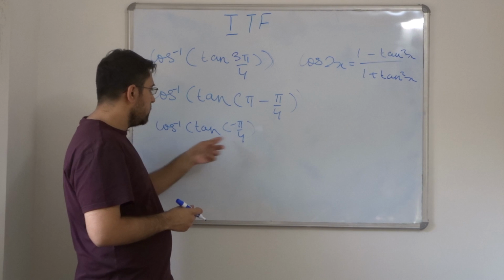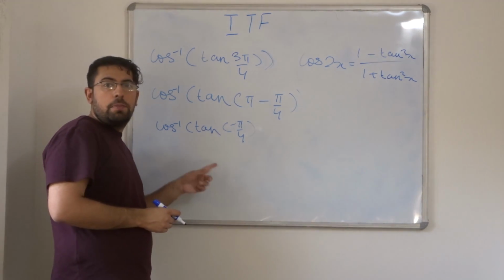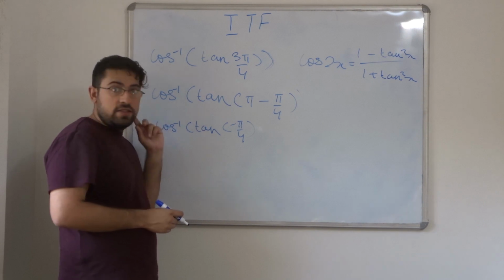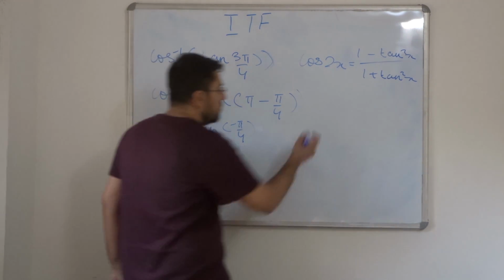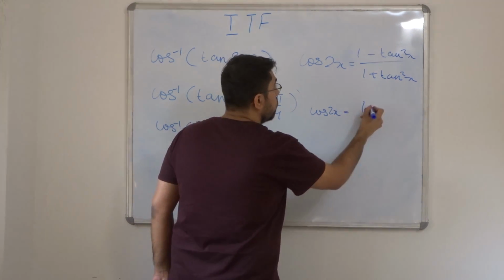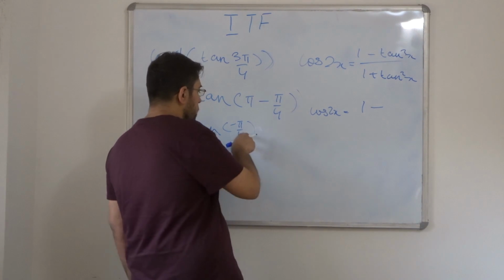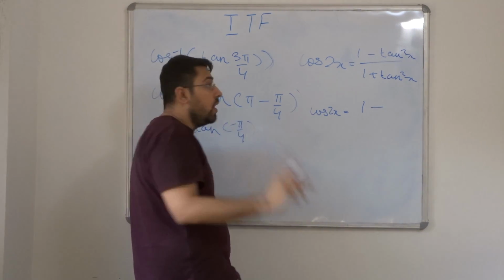So what is tan pi upon 4? Tan pi upon 4 is 1, isn't it? So that is why you have this. You have x as pi upon 4, so tan x is 1.